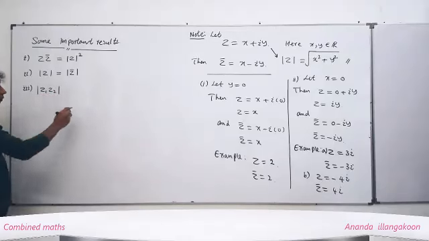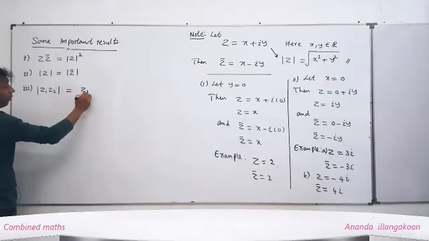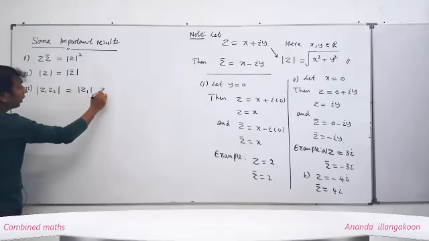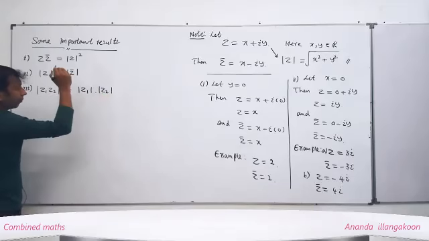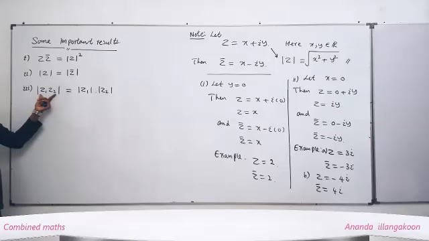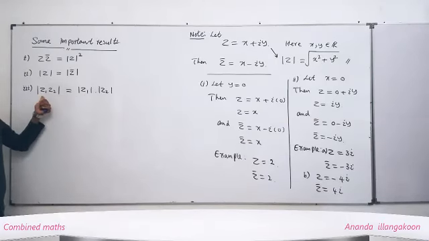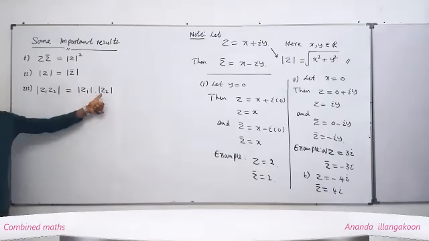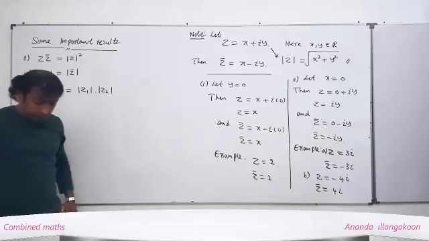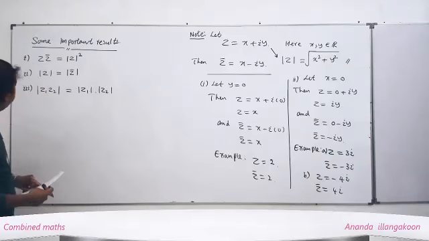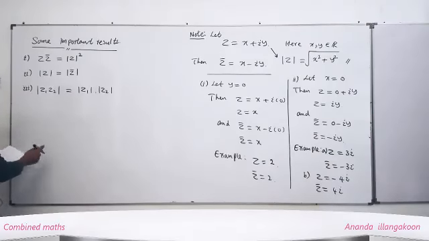This result says it is equal to finding the moduli of z1 and z2 separately and multiplying them. See here, for the right hand side, the modulus is taken separately for z1 and z2 and multiplied together. And people, number 4 is this. We take z1 divided by z2, its modulus.